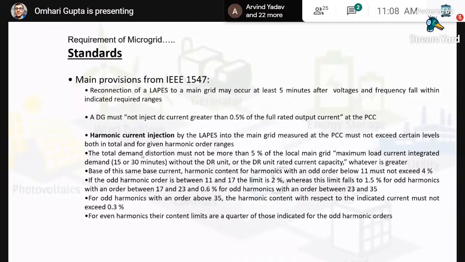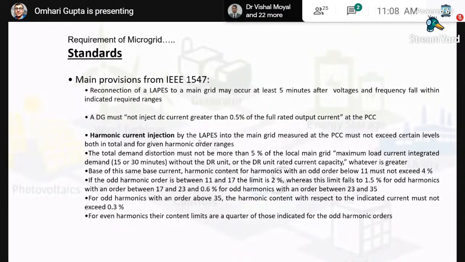The local demand distortion must not be more than 5% of the local mean grade. Maximum load current integrated demand over 15 or 30 minutes without the DR unit, or the DR unit rated current capacity, whichever is greater. So these are the things that you should take care of.